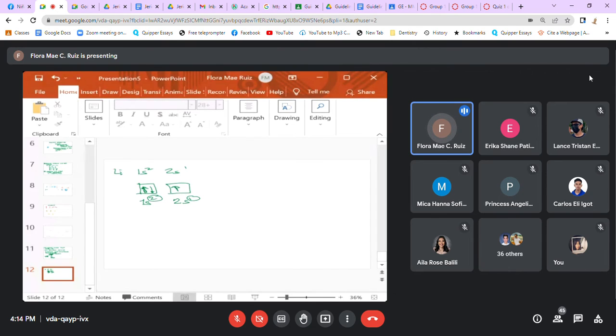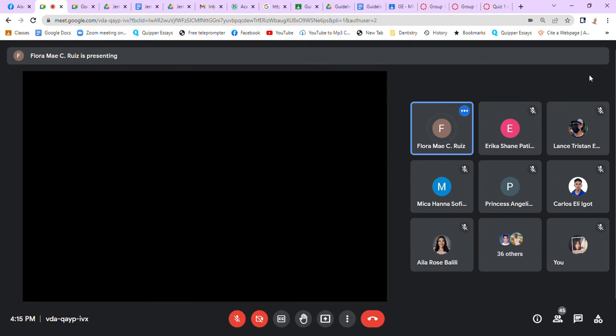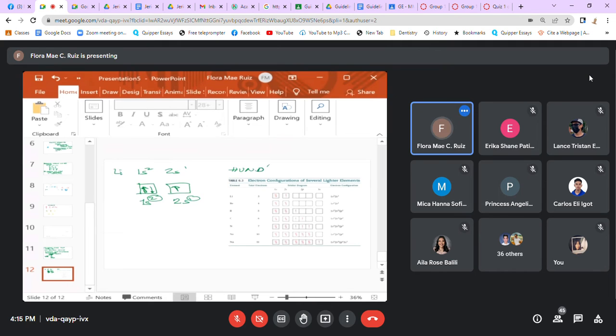We also have what we call Hund's rule. That is what we did here in lithium. Hund's rule is spelled H-U-N-D. Hund's rule states that when filling degenerate orbitals, the lowest energy is attained when the number of electrons having the same spin is maximized.